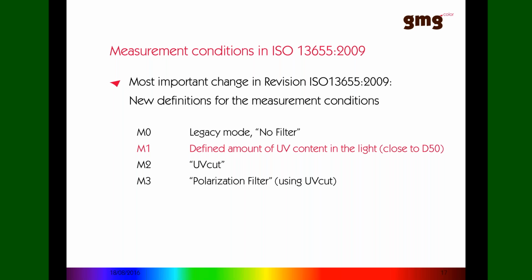Now, what influence does it have if we have UV light in the light bulb inside our measurement device that's hitting the surface that we are measuring? So basically it only has influence if the media you are measuring has optical brightening agents inside.